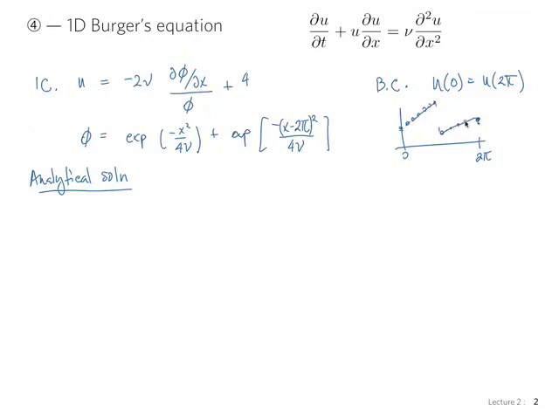And plot your numerical value there with some sort of token marker, and also plot your analytical solution at the same time, so that you can compare immediately.